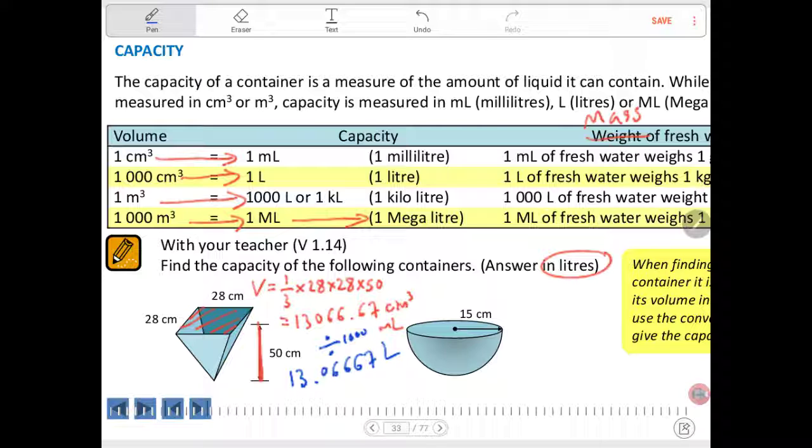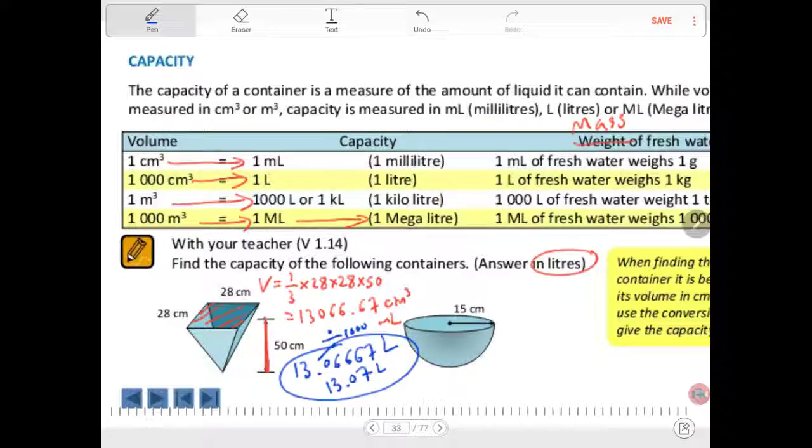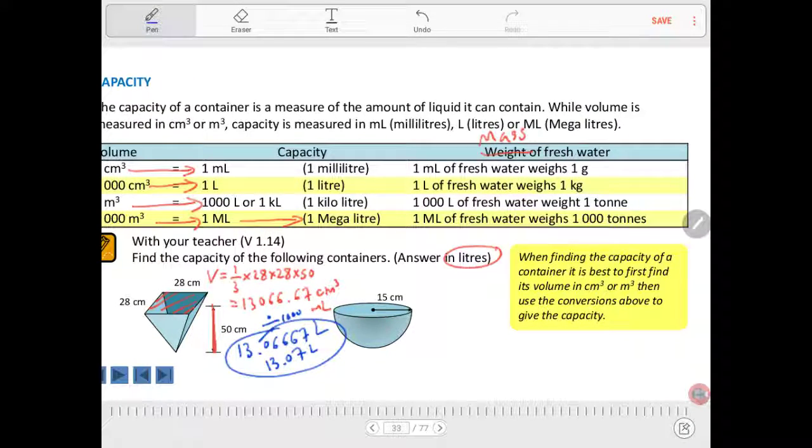Or you could say 13.07 if you liked. Okay, so 13 and a little bit litres for the upside down pyramid. Now, armed with this knowledge, perhaps you'd like to pause the video and try this hemisphere on your own.